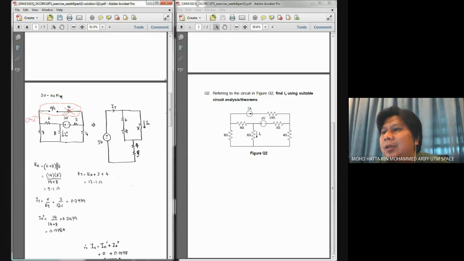Because we have open circuit, and if you simplify, you don't see any 10 ohm resistor in my second circuit, or the circuit that I simplified from the original circuit.